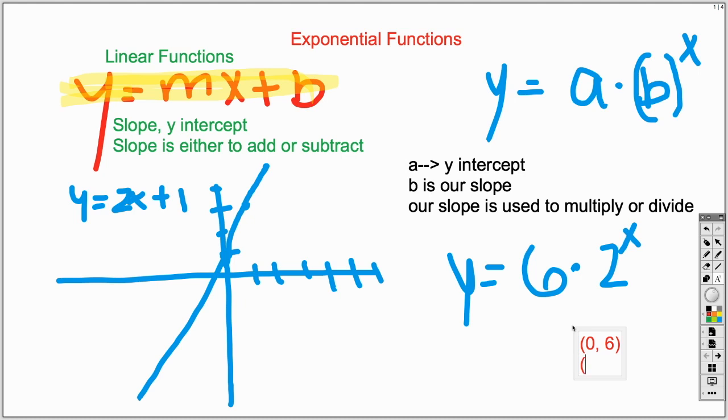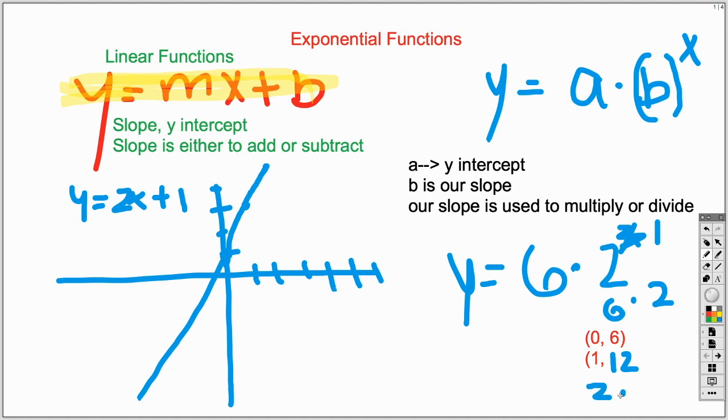Now 1 is our x, so we plug that in: 2 to the power 1 is 2, and 6 times 2 would be 12.